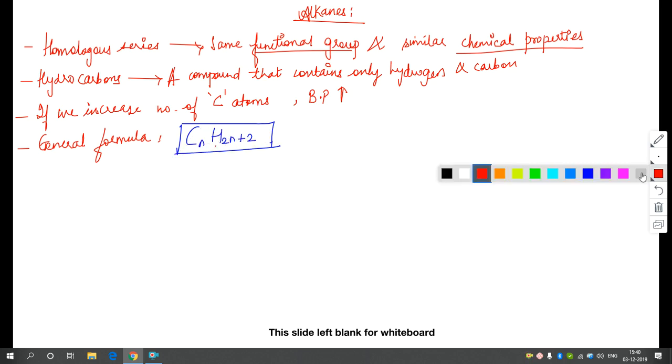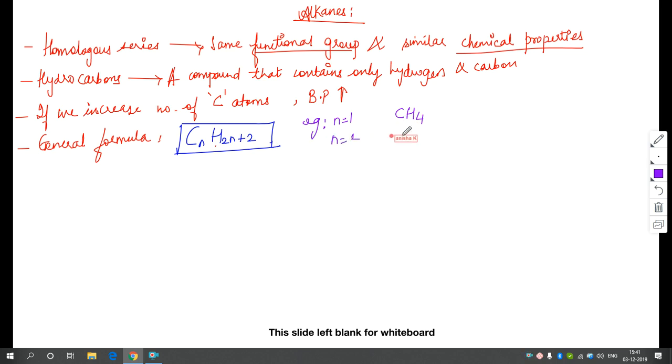We'll see with an example. Let us put the value of n equal to 1. My formula will be CH, 2 times 1 is 2, plus 2 gives 4. If n is equal to 2, C is 2, H is 2 times 2 is 4, plus 2 is 6. So the first is methane and the second is ethane.